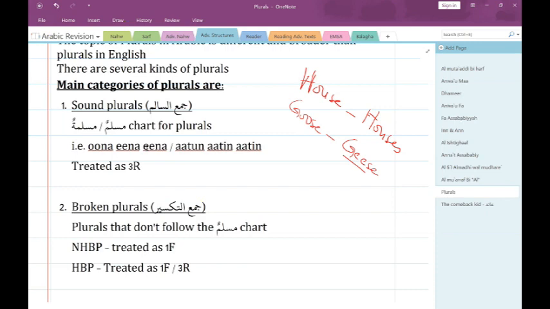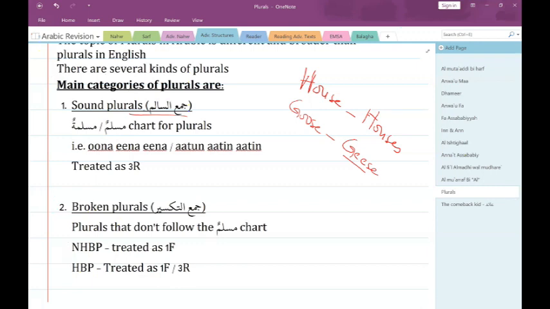To simplify that, you have Muslimuna, Muslimina, or you have Muslimatun, Muslimatin. That's what we're talking about when we talk about sound plurals: una, ina, atun, atin. Simple, done, basic. There's not really much to sound plurals.